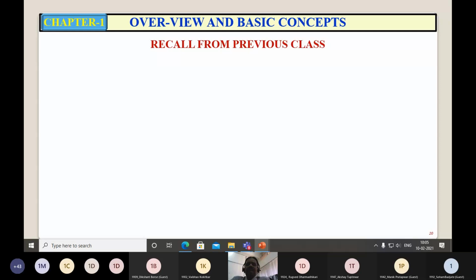Also, we have seen the importance of this subject for a student belonging to any other branch of engineering. In addition, we have also learned what is engineering mechanics and what are the various branches of engineering mechanics.